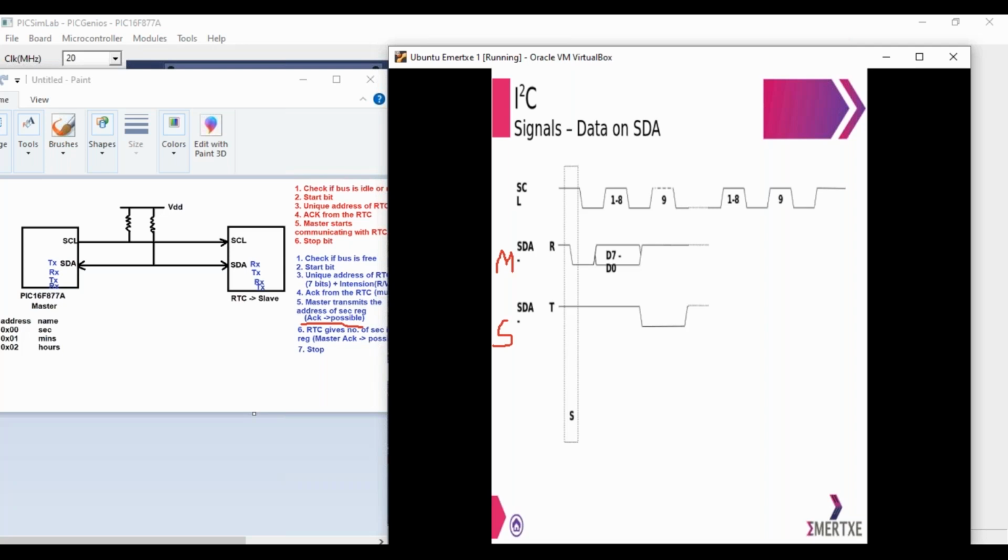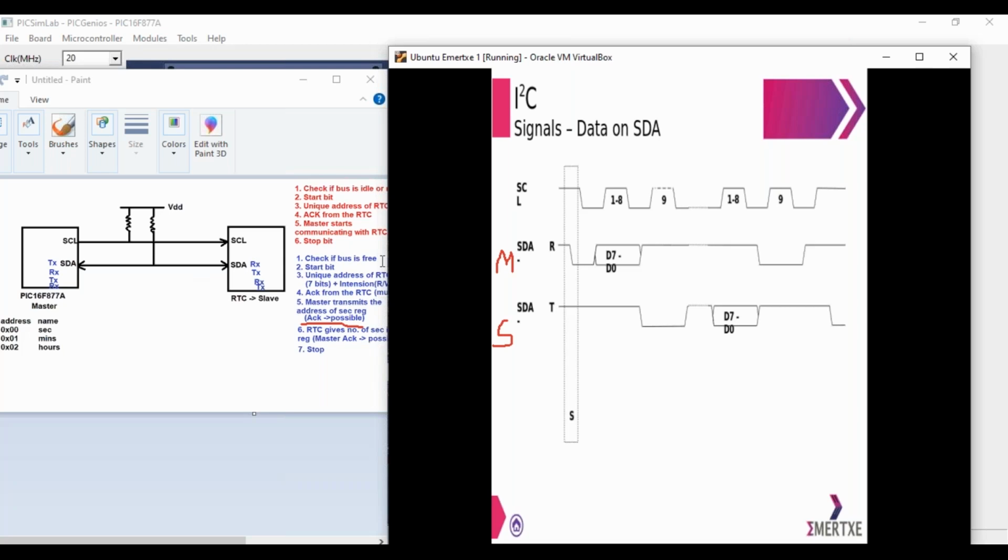Now master generates the next 8 clock pulses. RTC transmits the value from the second register. Sorry, second register's value. Once it is done transmitting the second register's value, master should give the acknowledgement.